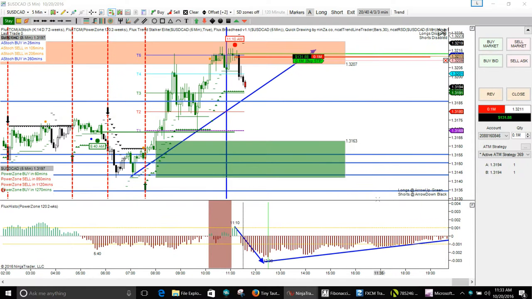Welcome back, traders. Trading the US dollar Canadian, I like to call it AKA cash machine. We're probably going to take this very shortly because we don't want no parts of the bounce that's coming, and the uptrend line at the moment.